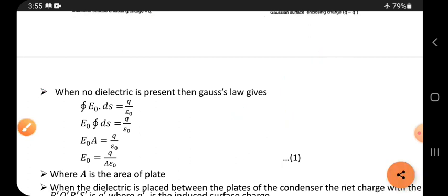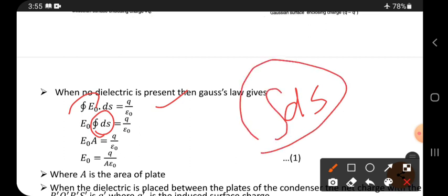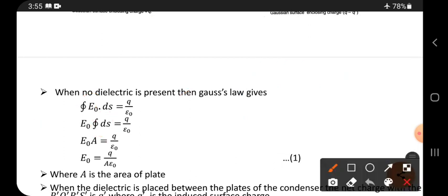So E naught is taken outside and it is integration ds. ds is the area of the small element. If you integrate it, it gives the total area of the plate, which is written as A.